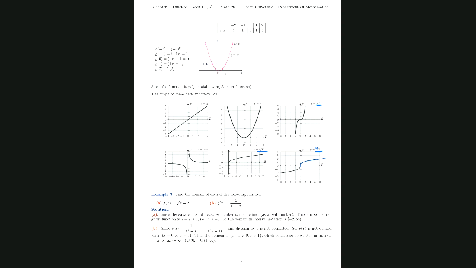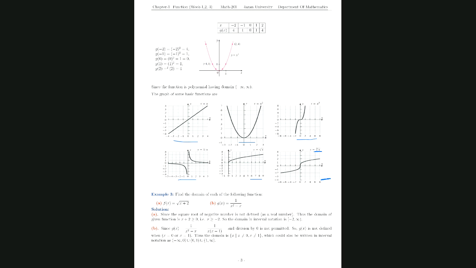This is the graph of the cube root of x. So you have to remember these graphs: y equals x this, y equals x squared this, x power 3 this, 1 by x this, square root of x this, and the cube root of x. This one you have to remember.